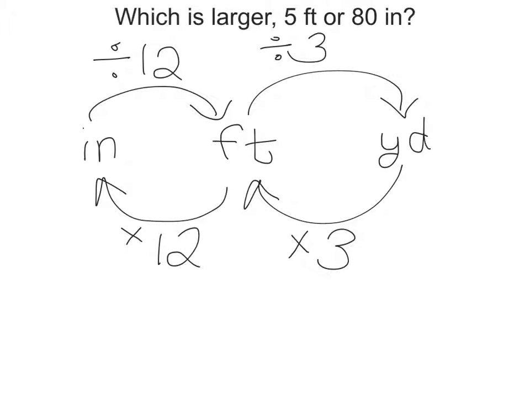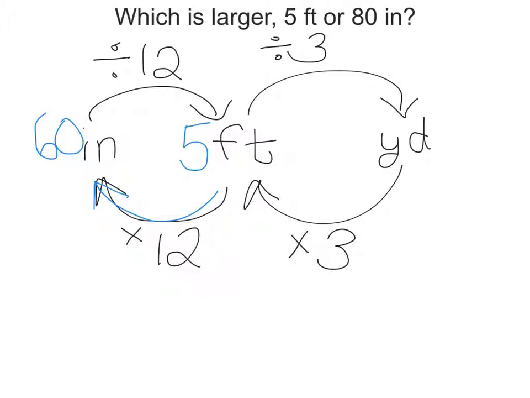Now, I don't know about you, but I like multiplying better than I like dividing. So I'm going to turn everything into inches so that I can multiply. So I'm going to take my 5 feet and I'm going to follow my arrow. It says 5 feet times 12 is going to be 60.